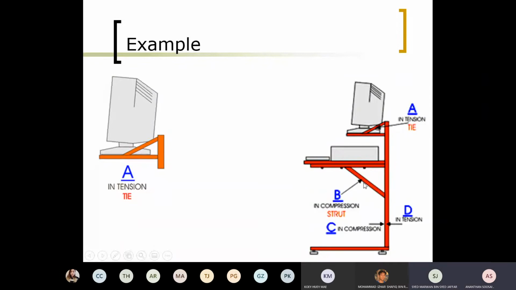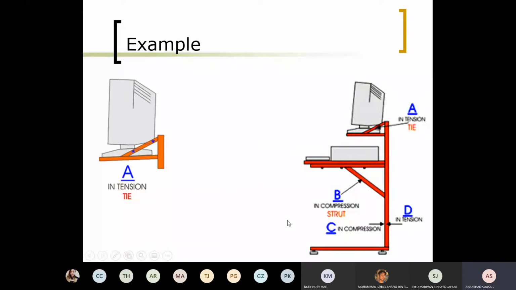B, the bottom bar here, is under compression. Let's say you make a small cut here. What happens? The bar will collapse. Collapse means they start to stick together. They won't move apart. If they collapse, we say it's under compression. So B is under compression.